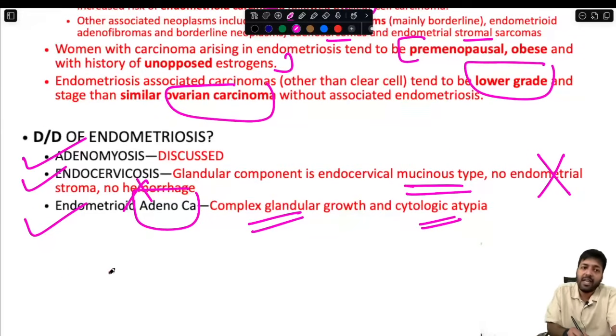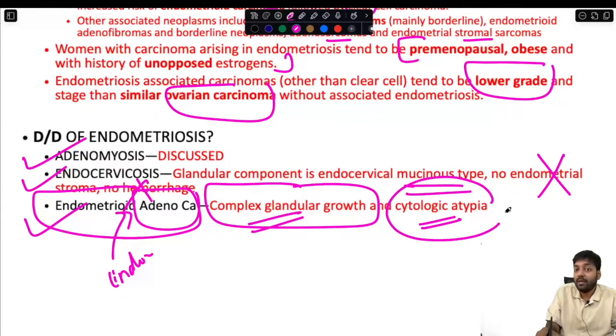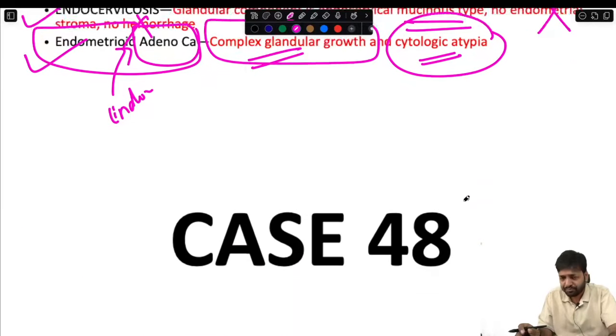A primary one can arise from the endometrium itself, or it might be a de novo endometrioid adenocarcinoma. So how do you differentiate it from endometriosis? Endometrioid adenocarcinoma in the ovary will have a complex glandular growth and show cytological atypia as compared to endometriosis. So three important differential diagnoses: adenomyosis, endocervicosis and endometrioid adenocarcinoma.